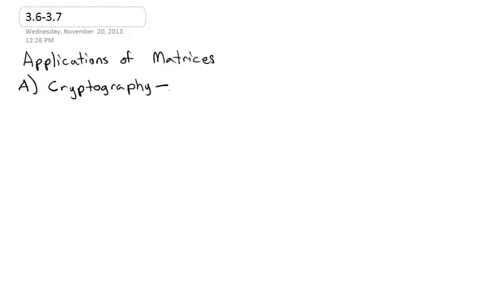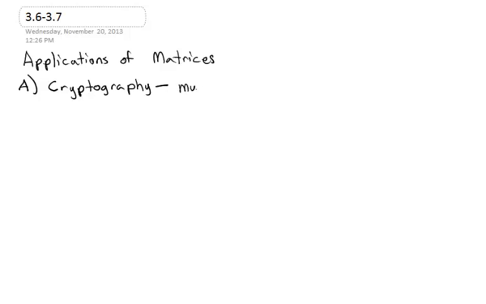Cryptography is the study of codes, coding things. So we could send secret codes to other governments or just across the hall, however you want to do it. But we can use matrices to make a very hard-to-crack code by using what is called a key matrix.